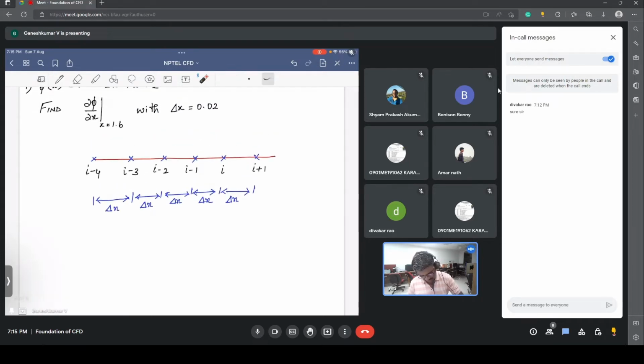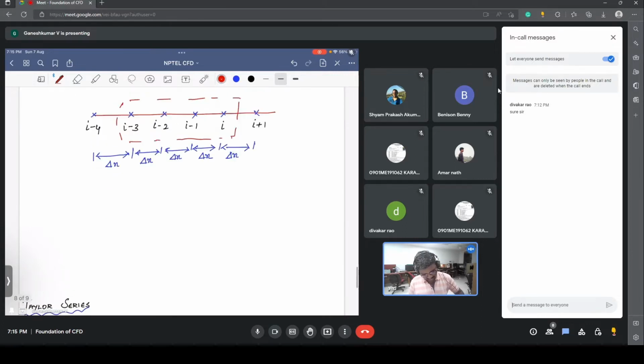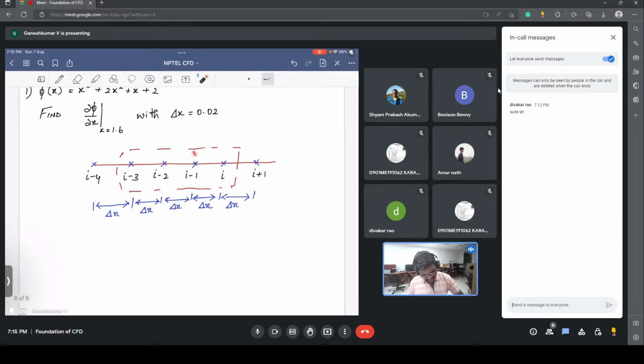Right now the points of interest are these. We are going to construct a backward difference scheme, and we will use all these 4 points. This is our point of interest. Based on the values of these, you need to find the derivative. We just need to apply the Taylor series for I minus 1, I minus 2.